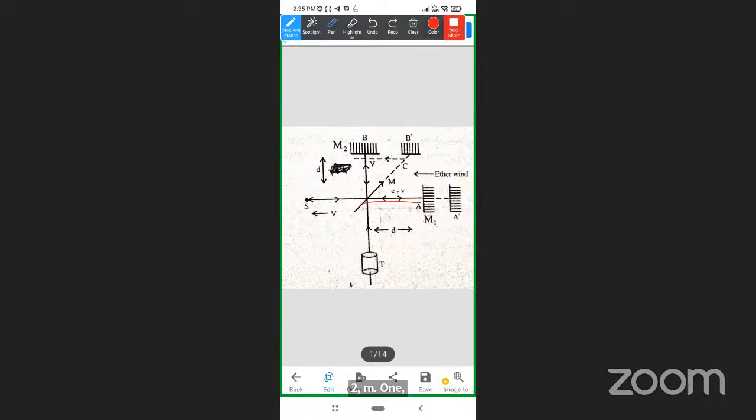This velocity, the interferometer's velocity, is C minus V. Similarly, the light reflected from M1 travelling back to M has velocity C plus V.